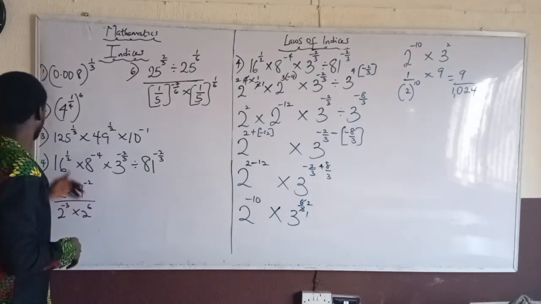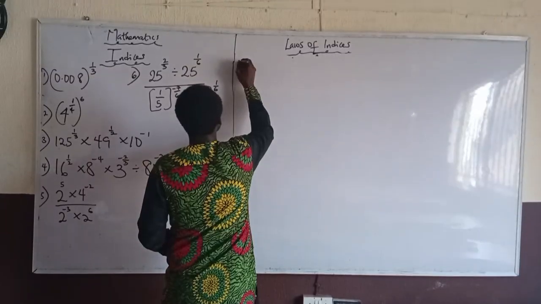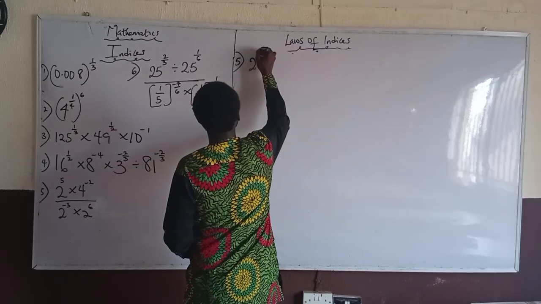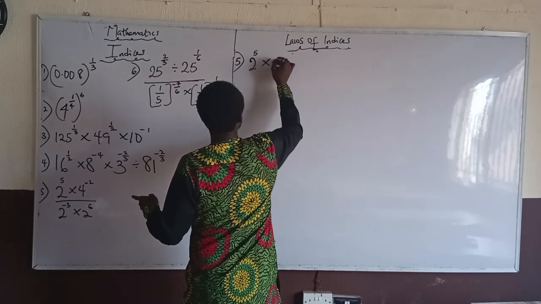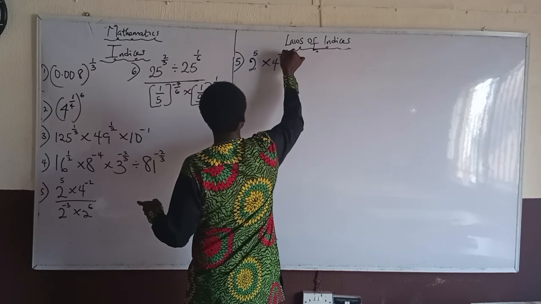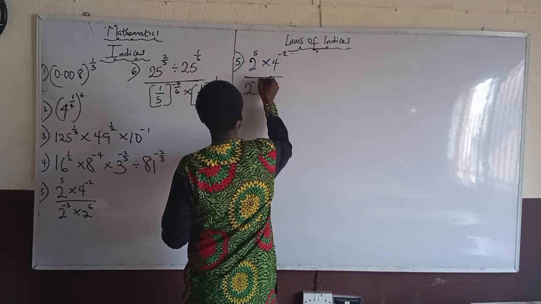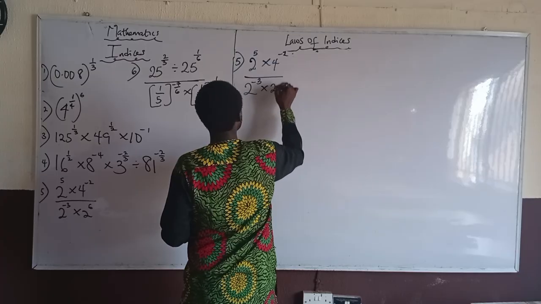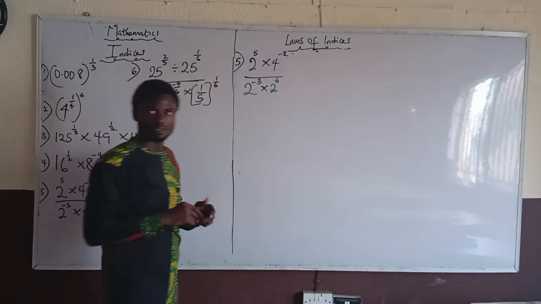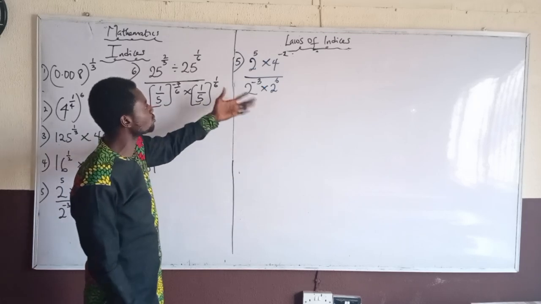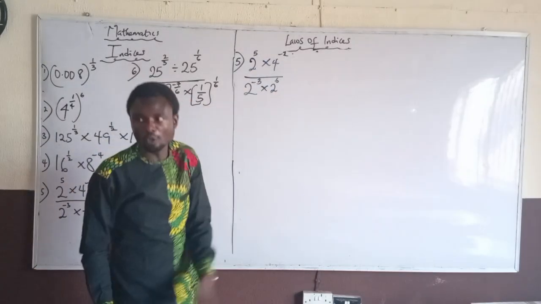So very quickly, we move to number 5. Number 5: 2 raised to power 5 times 4 raised to power minus 2 divided by 2 raised to power minus 3 times 2 raised to power 6. Now these ones are multiples of 2, but they are all in base 2. So I have to change 4 to base 2.